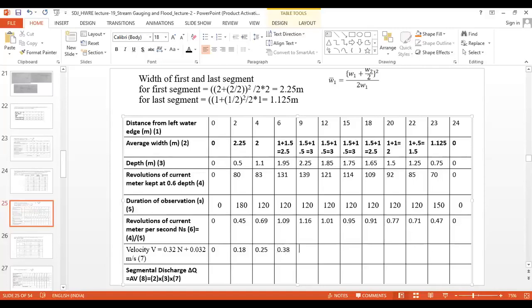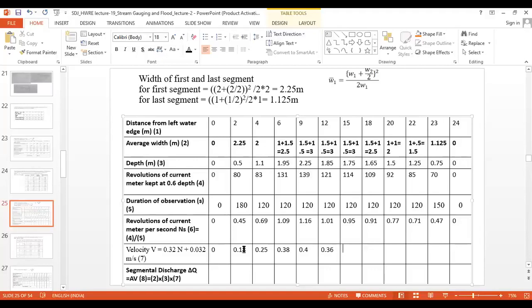Next, 0.32 into 1.16 plus 0.032, that is 0.4. Then 0.32 into 1.01 plus 0.032, that is 0.36.